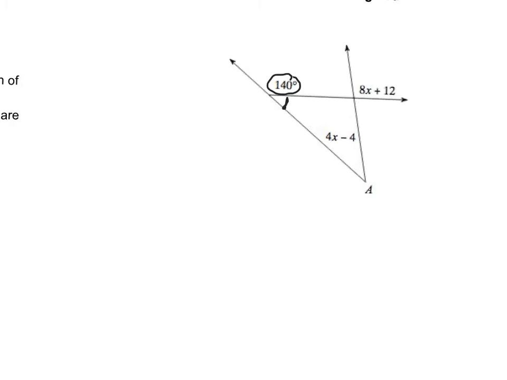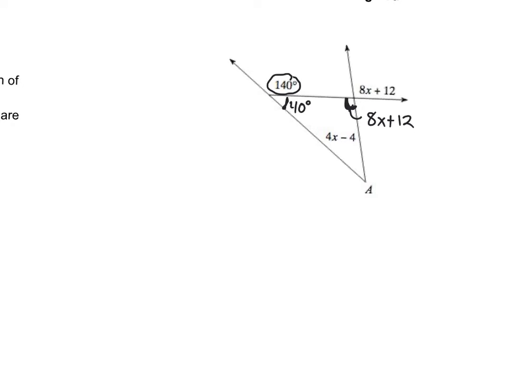If a straight line is 180 degrees, then we subtract 180 minus 140, and this angle is 40 degrees. Then we have 8x plus 12. Remember, vertical angles are congruent. This angle I just marked and 8x plus 12 are vertical angles, so this angle has a measure of 8x plus 12.